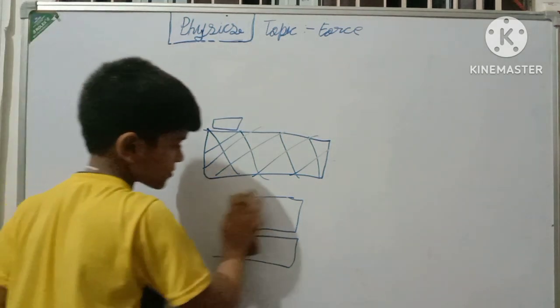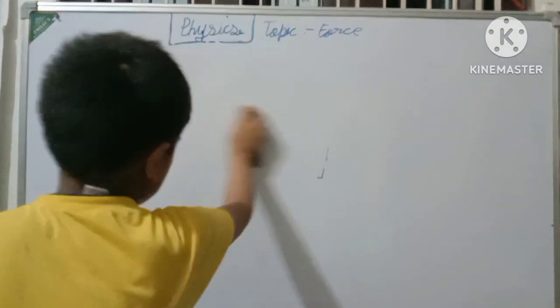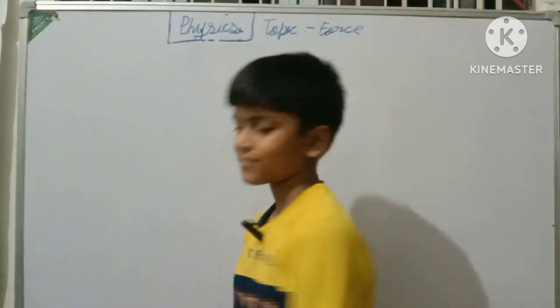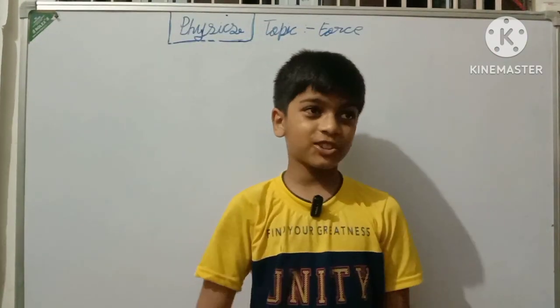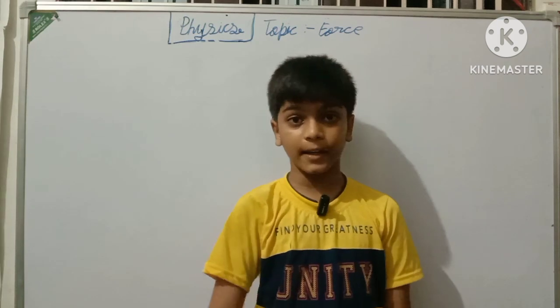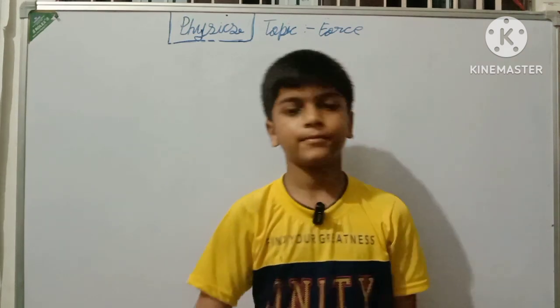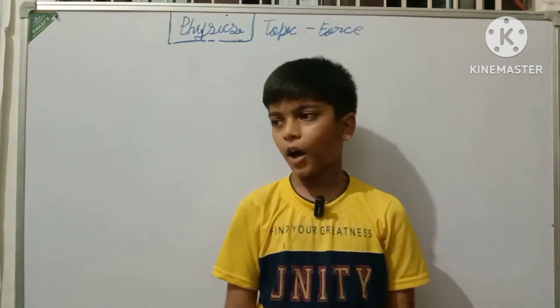Statement 7. Friction does not act on a bird flying in air. Friction does act on a bird flying in air, but it's very, very little. Is it true or false?